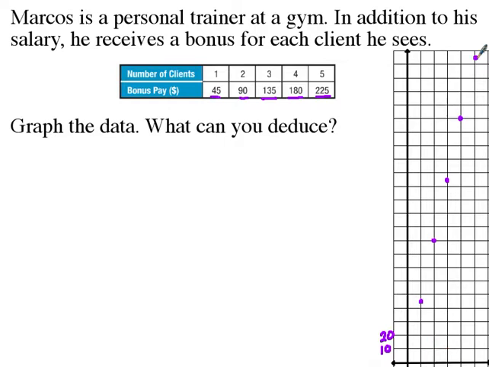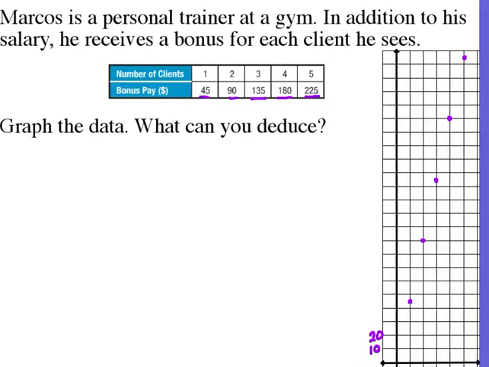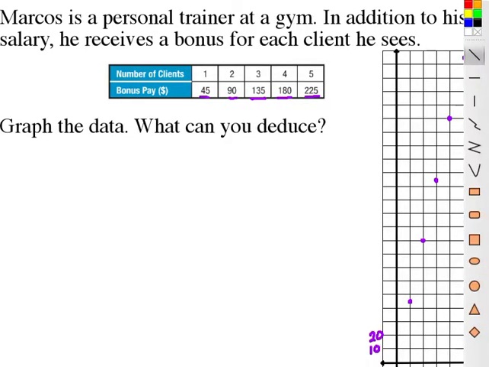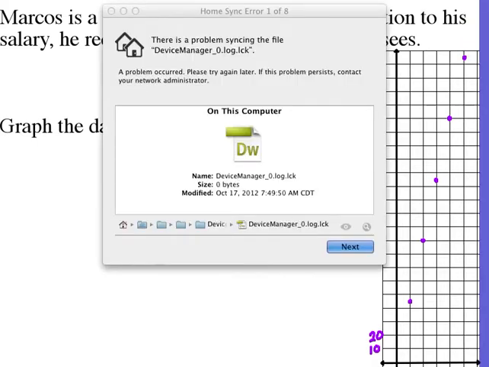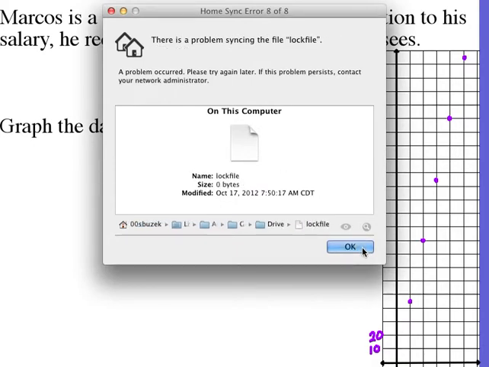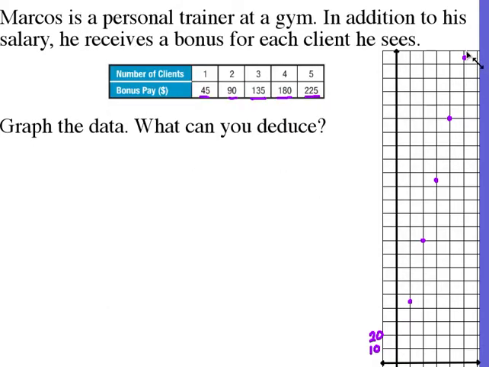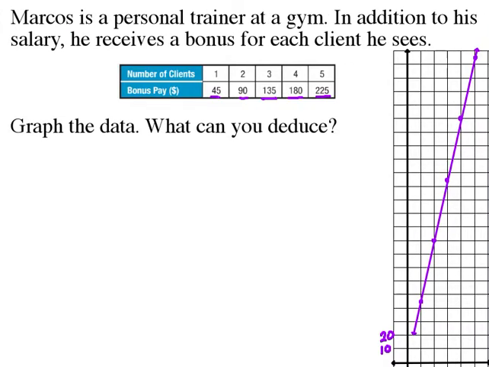So when we graph this data, we're just going to go ahead and draw a line through it. So in looking at that data, what can you just tell me about the graph?